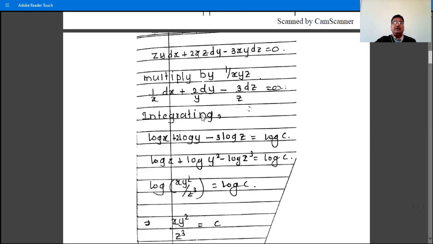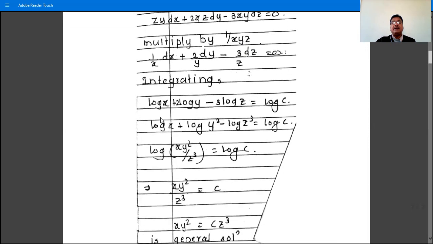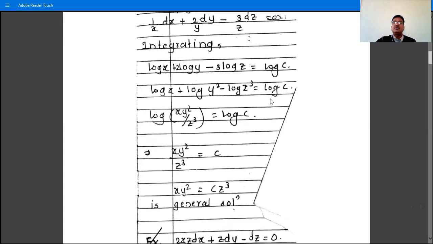Then separate the variables and integrate. The integration of 1/x is log x, 2/y integrates to 2 log y, and minus 3/z integrates to minus 3 log z. Add the constant of integration such as log c. Then 2 log y becomes log y squared, and minus 3 log z becomes minus log z cubed.